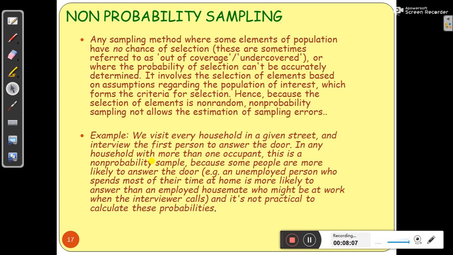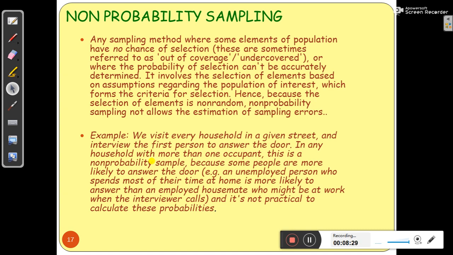Non-probability sampling does not allow the estimation of sampling errors, because it does not follow a probability based measurement, but it follows a criteria based selection.